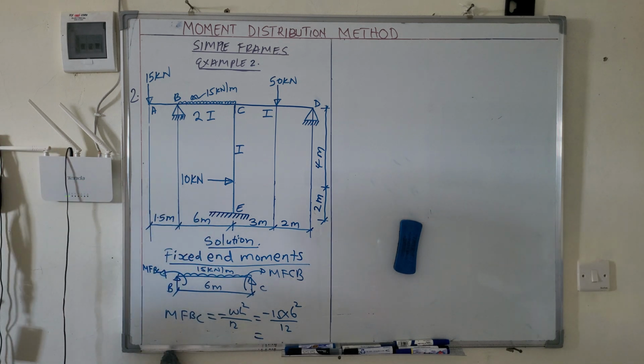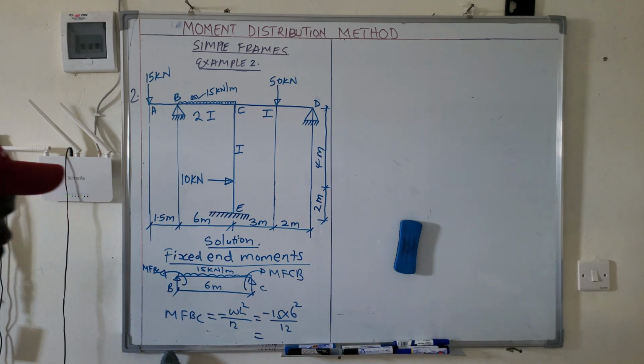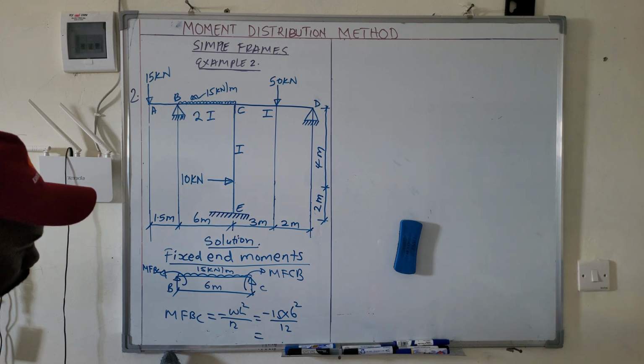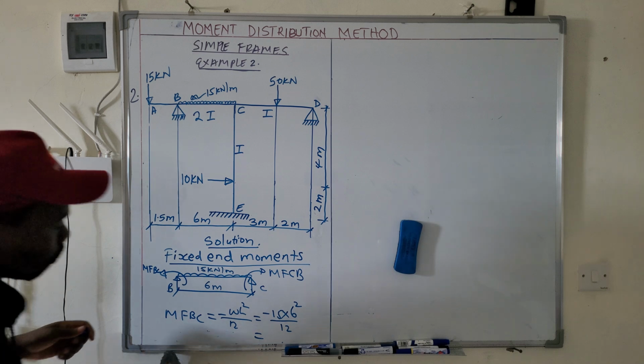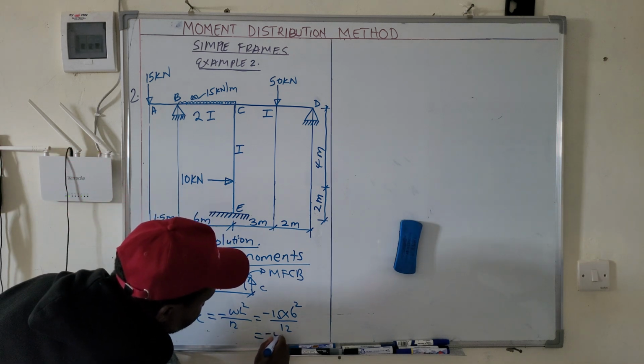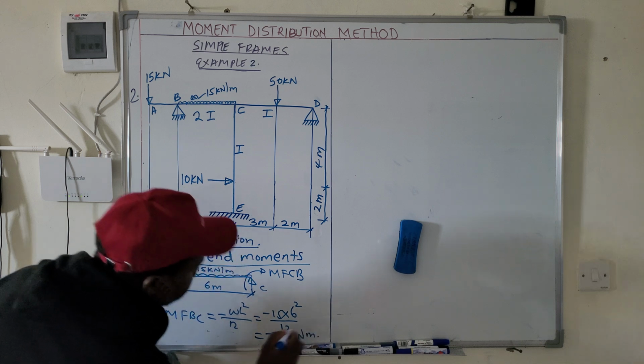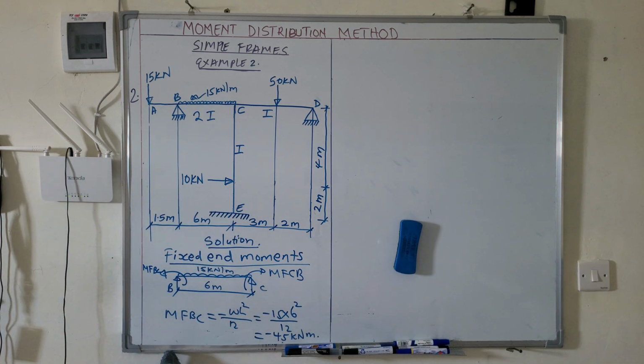So the answer is, punch your calculator, 15 times 6 square over 12, negative 45 kilonewton meter.